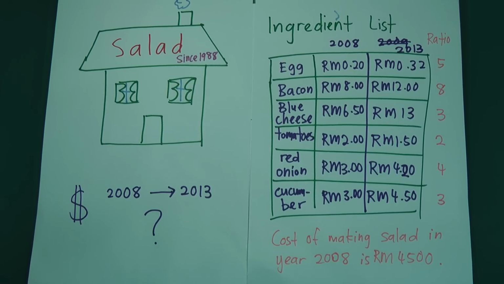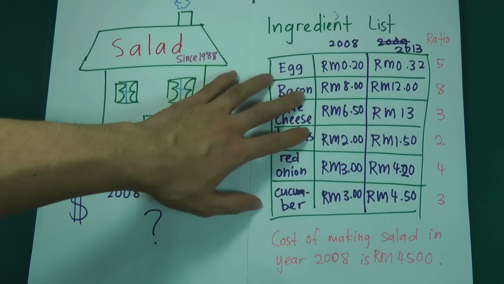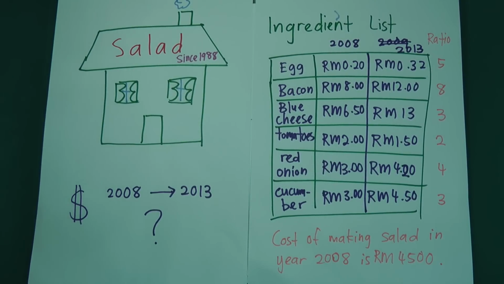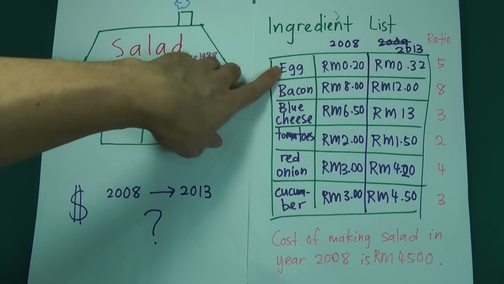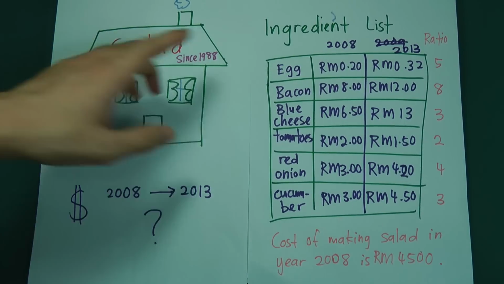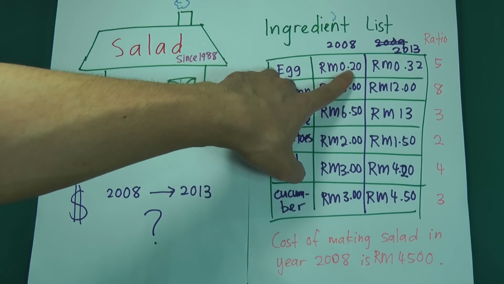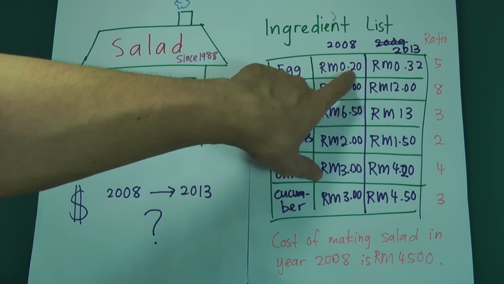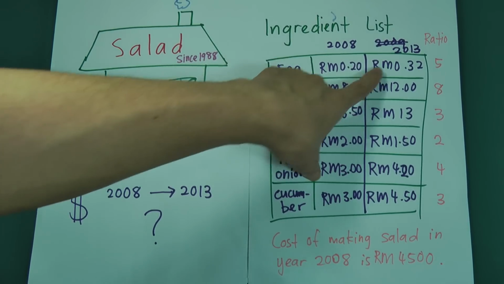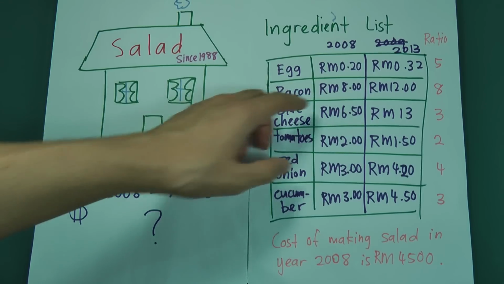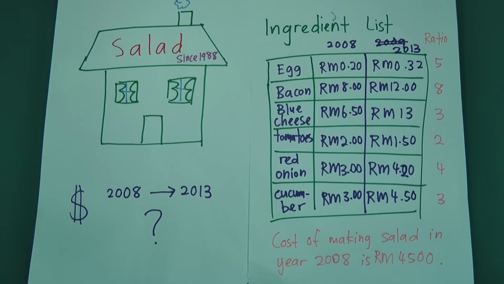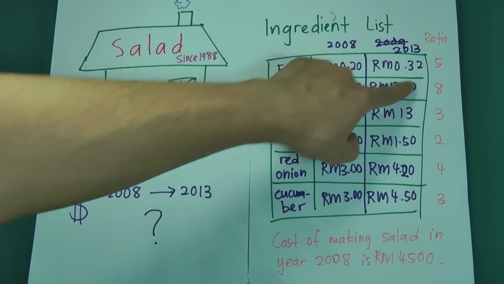Now you want to know how much increase for egg, because egg in year 2008 sells 20 cents only, but in this year the egg sells 32 cents. So you want to calculate how much different.